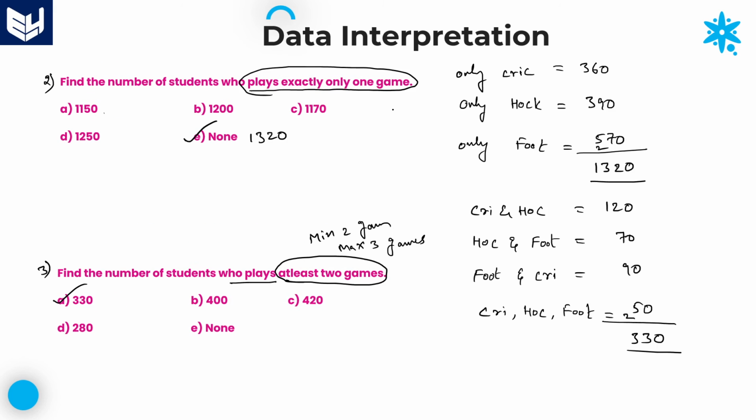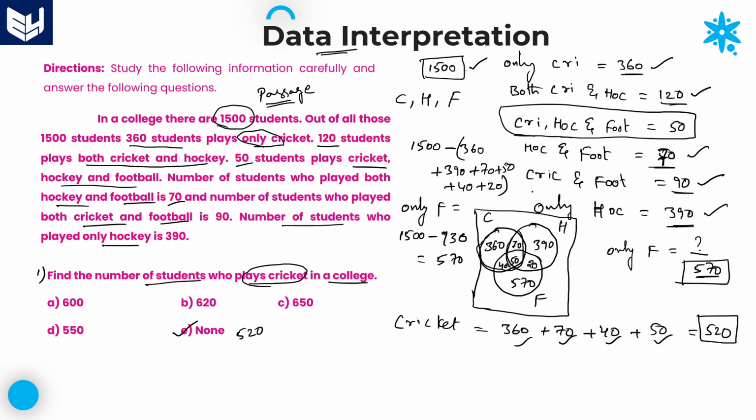Once go back to the first slide, that will show you the exact results. Except cricket, hockey and football, only these two. Except only cricket you need to take the values. Why?